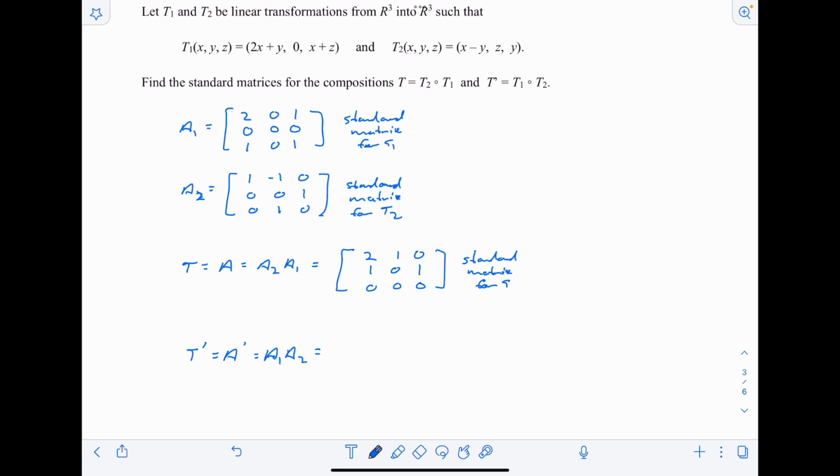If we multiply the matrices in that order, we're going to get 2, -2, 1, 2, -2, 1, and then 0, 0, 0, and then 1, 0, 0. And so that's the standard matrix for T prime. Okay? All right.